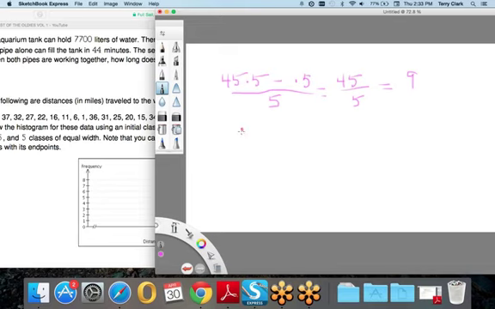So we got 0.5 here, and I'm just going to add 9 to it. 9.5, 18.5, 27.5, 36.5.